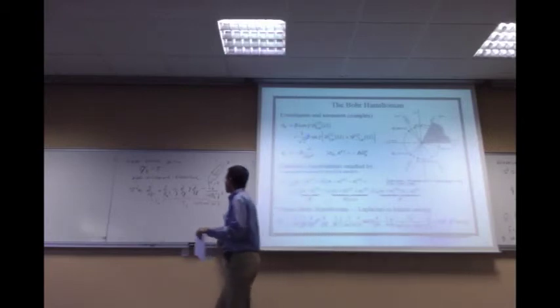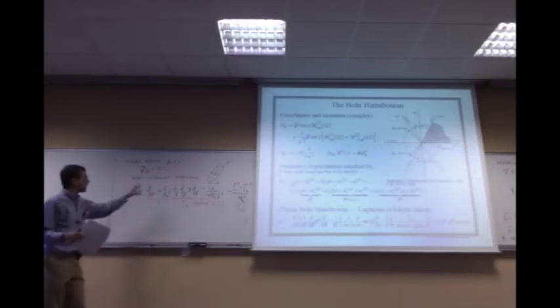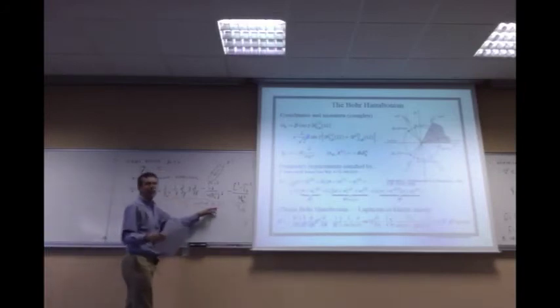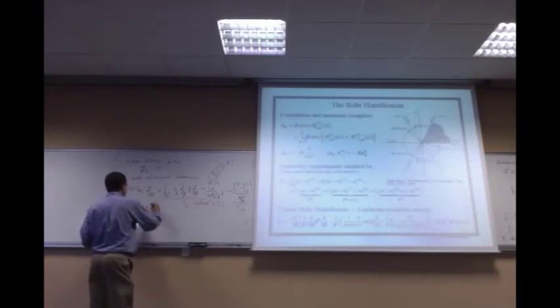But we will still get a separation of variables. The bottom line is we still get a separation of variables, but where the K quantum number starts coming in, so we still have separation.